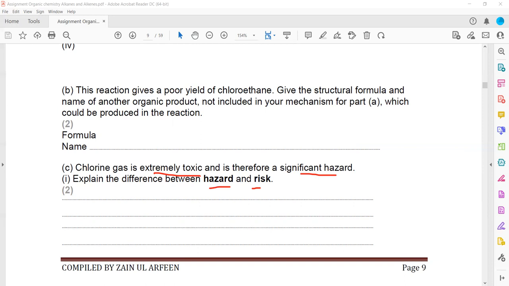And what is the risk? How do we define the term risk? Risk is basically a probability or chance that if we use the substance or the procedure, it may cause harm. So the chance that harm will result from use of the substance or a procedure.